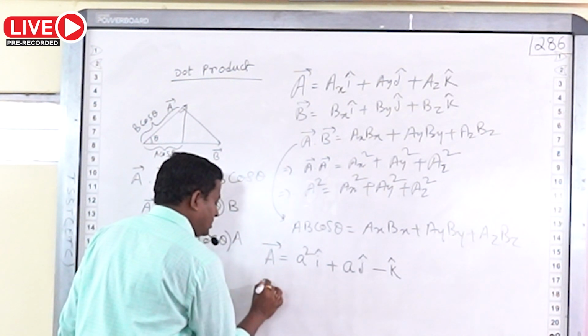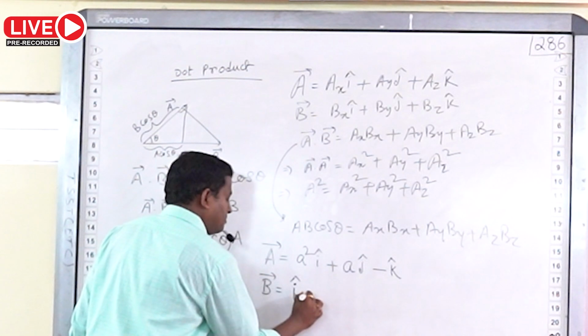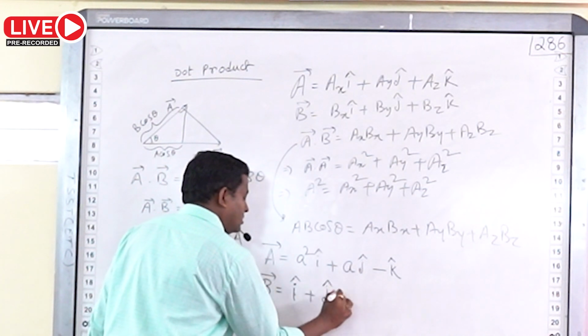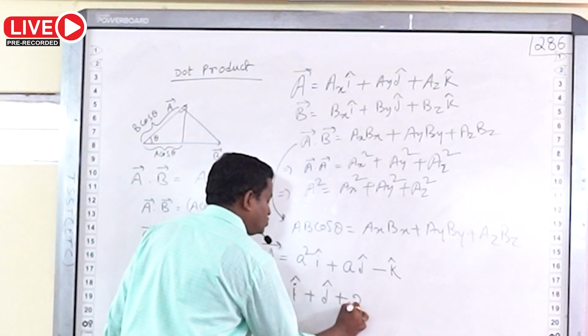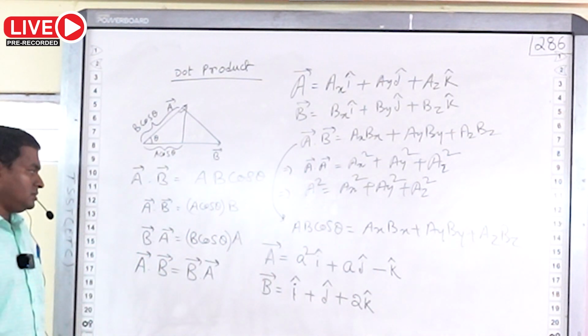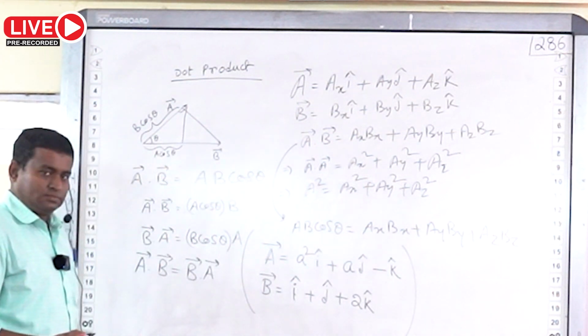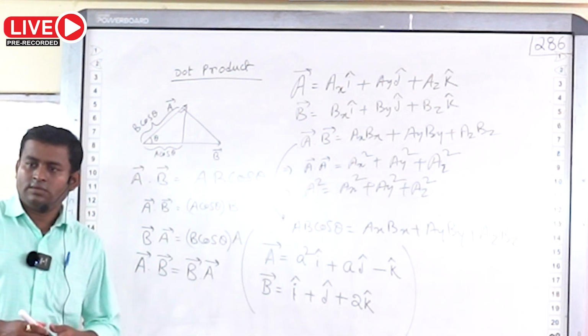Vector B is given as i cap plus j cap plus 2k cap. This is your vector A, this is your vector B. Right?